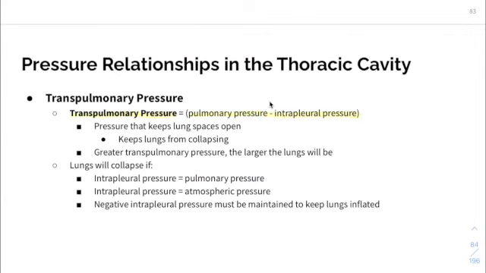We want to keep some tension in there at all times so our lungs maintain their shape. So as this says, the greater the transpulmonary pressure, the larger the lungs will be. The smaller the transpulmonary pressure, the smaller the lungs will become.